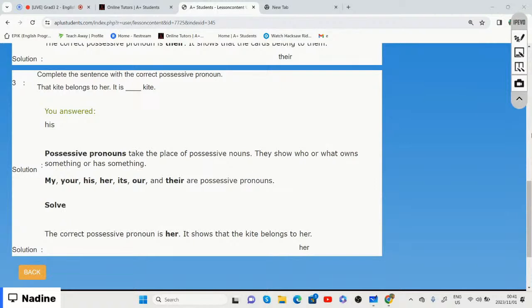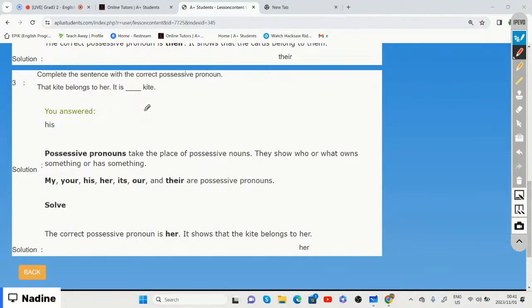It is her kite. So we said that kite belongs to her.